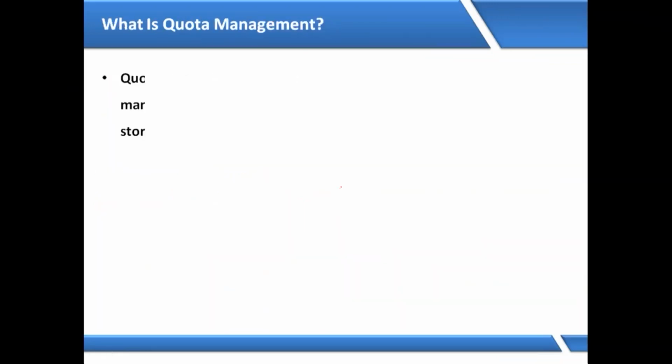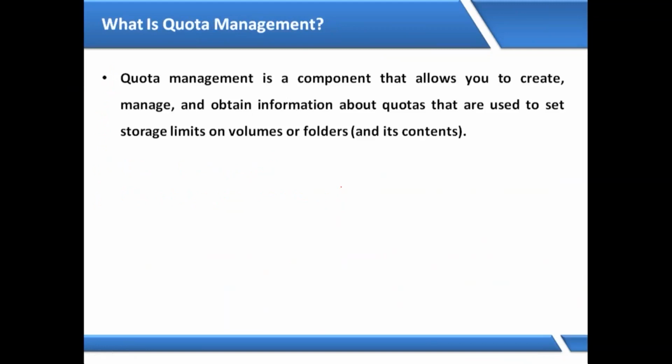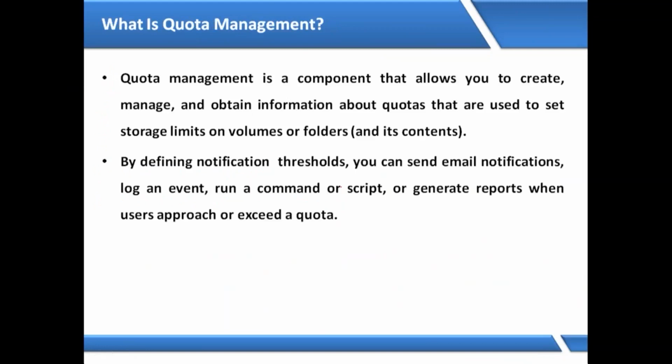First component is quota management. As the name indicates, quota management is used to allocate some limited or restricted space. By default, once we apply the home folder, the complete network drive size will be available to the user.